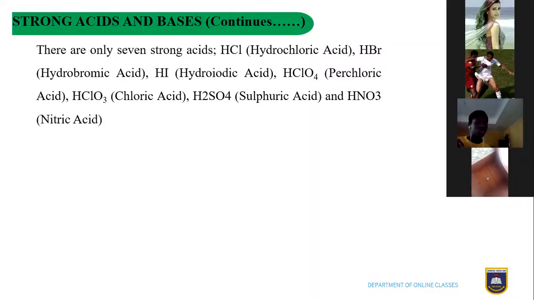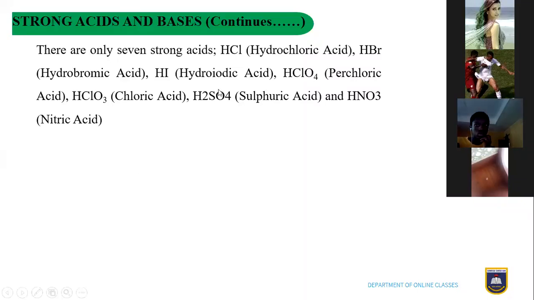Then we have HClO4. The common name is perchloric acid. You can give the IUPAC name, tetraoxochlorate 7 acid. That will be the IUPAC name. Then we have its twin brother, HClO3, called the chloric acid. That's trioxochlorate 5 acid. Then we have H2SO4.